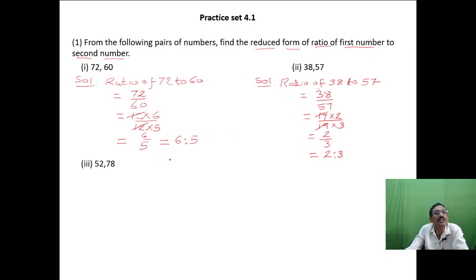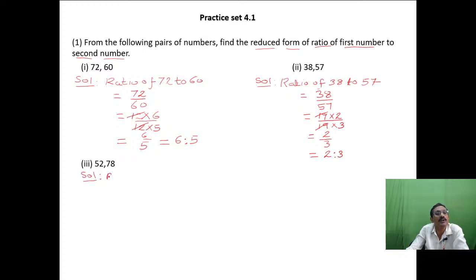Let us move on with the third one, which is given to us as 52 and 78. There are two quantities given to us. The first is 52, the second is 78. So let's start this. Solution.